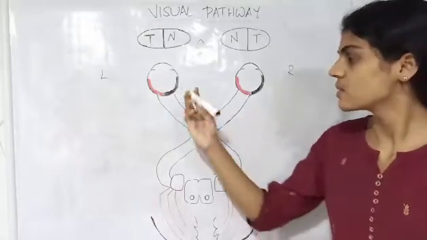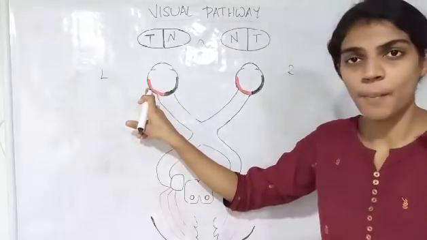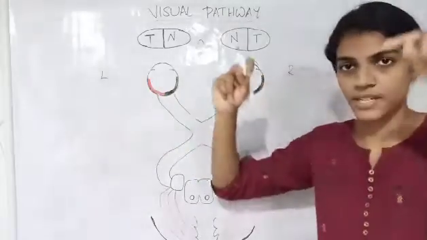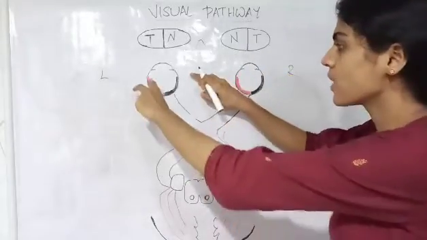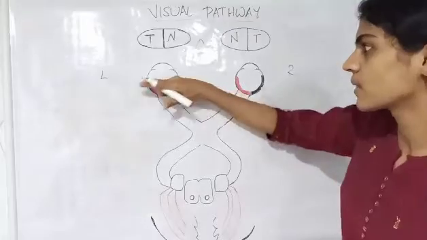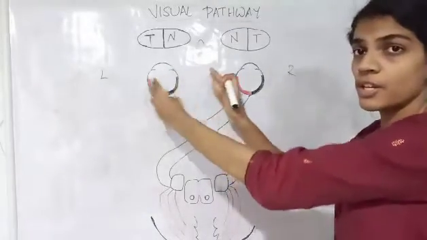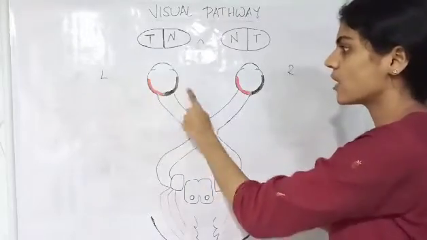This red colored part is the whole retina, which ranges a little beyond the center of the eyeball. We can divide the whole retina into two portions, the temporal one and the nasal one.